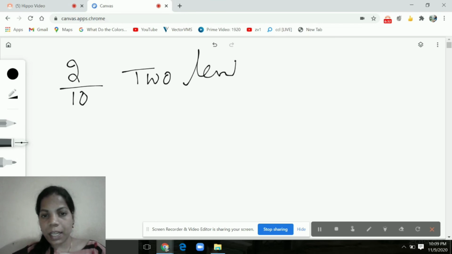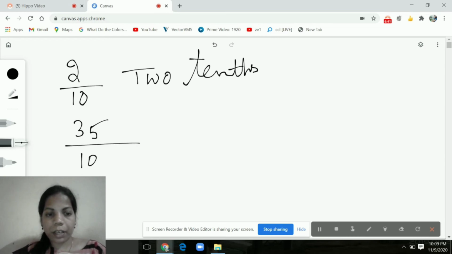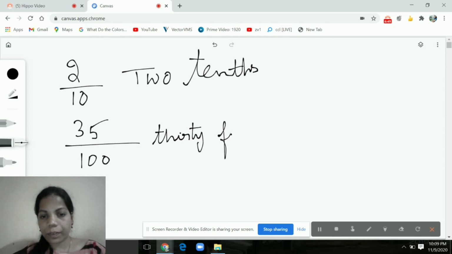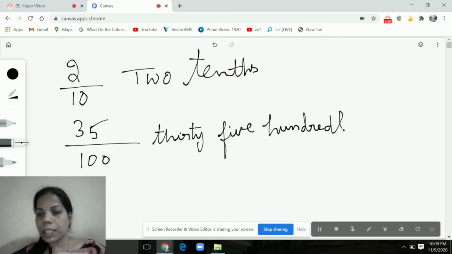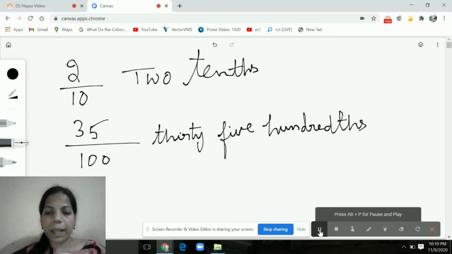And this fraction, 35 by 100, how will we read it? 35 hundredths. Hundredths. So this is how we will spell.